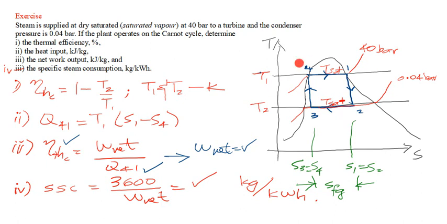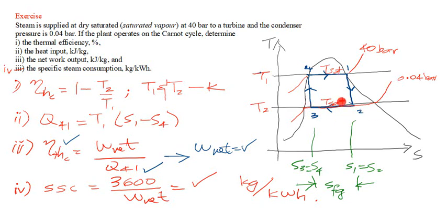Always a rectangle within the saturation line. Always saturated vapor, or dry saturated, and wet steam or mixture, where process 1-2 is isentropic, reversible adiabatic expansion.